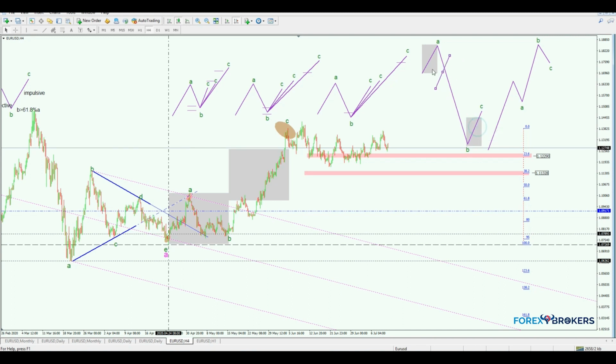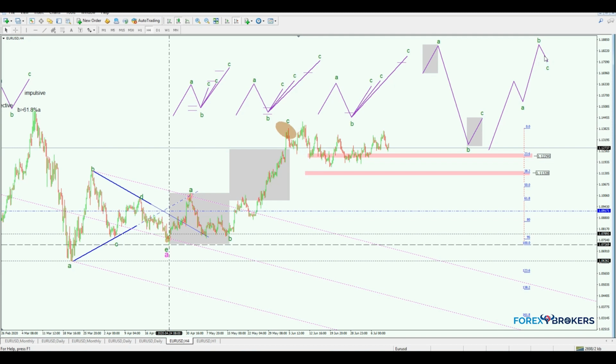Also, the C wave should take about the same length in price as wave A. This is the right count for a running flat. The same is valid here. Judging by the eye, it should be something like this.